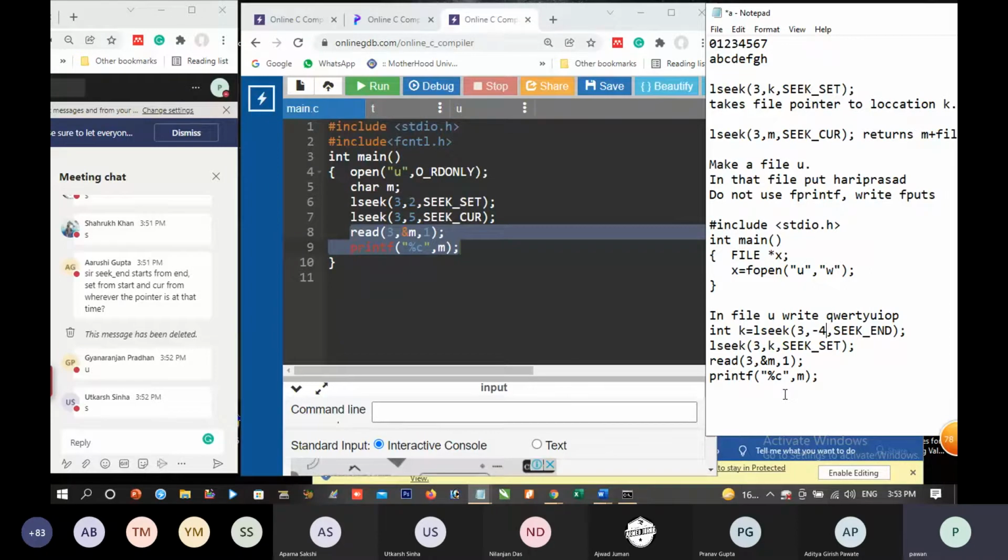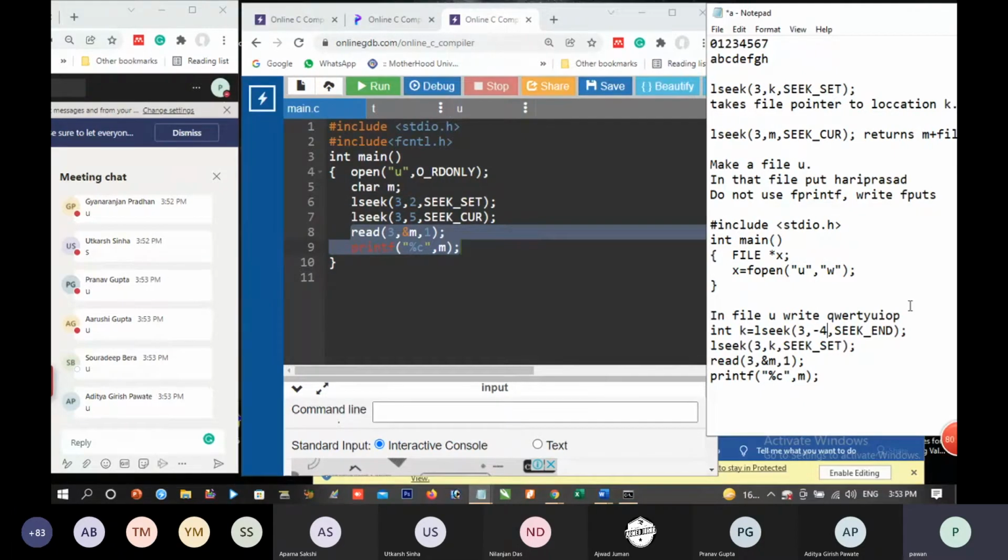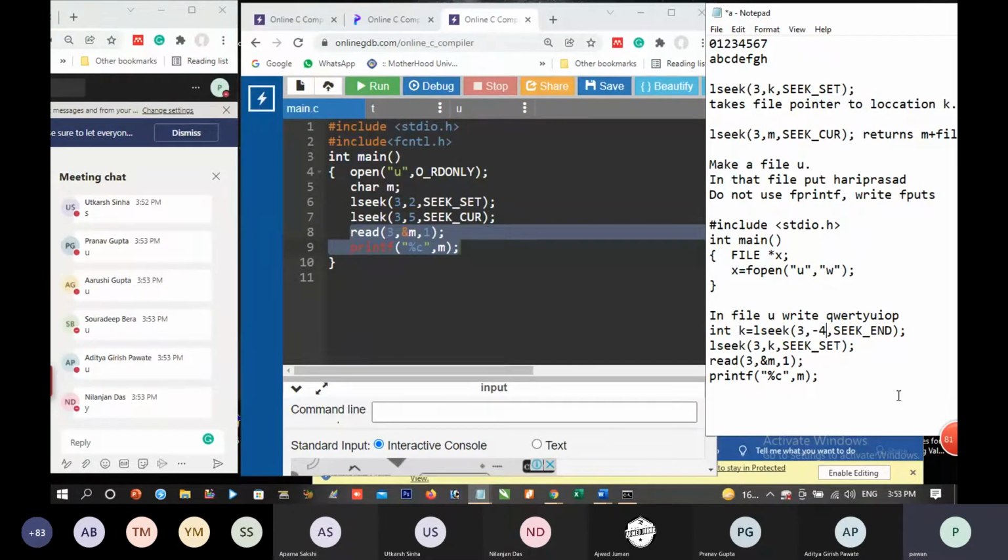And if someone has got an Ubuntu system also, then tell the output there too. The output on the Ubuntu system and in this GDB editor will be different. Nilanjan, at present I want your execution first.